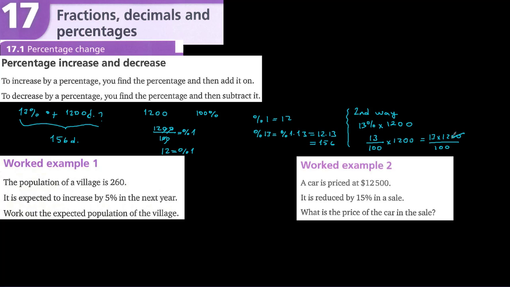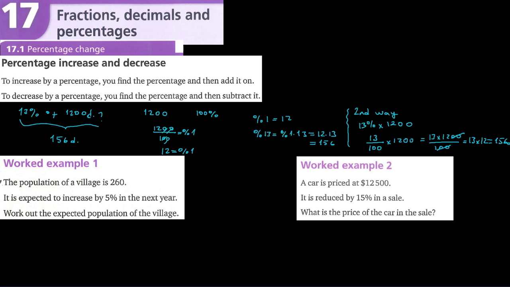You may simplify the zeros, which gives 13 times 12, which is equal to 156 dinar. As you see, we found the amount easily in the second way. So if you want to calculate these exercises directly, you may use the second way.